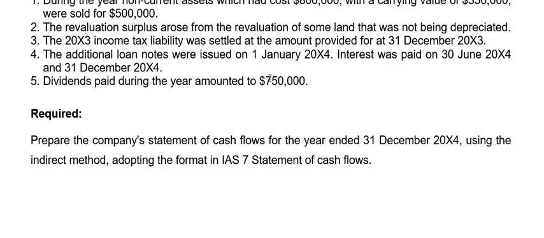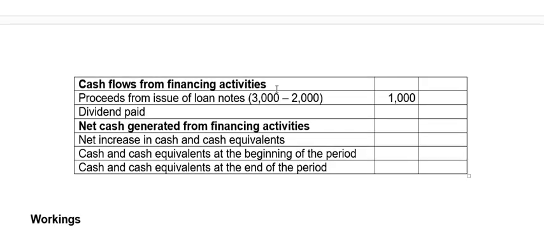Dividends paid 750. Dividends paid, that's a cash outflow in financing activities. Payments to the shareholders who provide finance in the form of share capital.